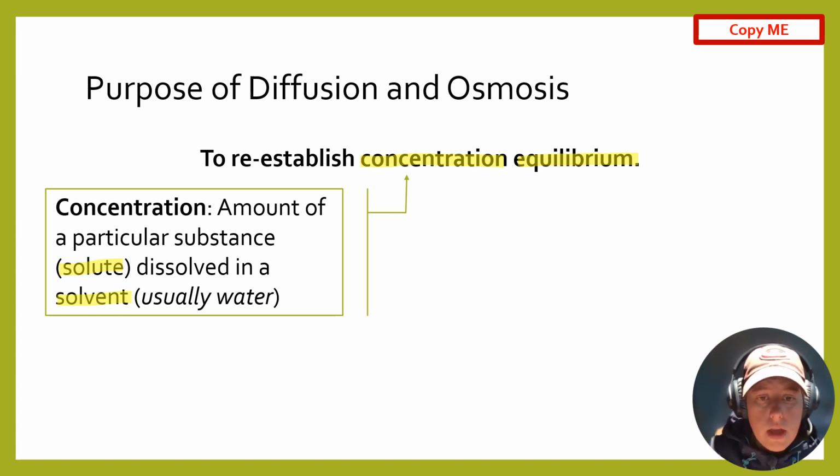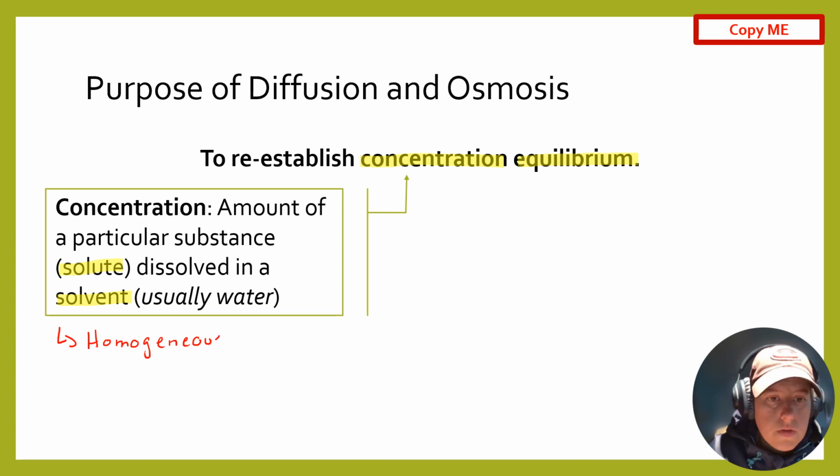When we're talking about things that are concentrated, they're usually homogeneous solutions. Actually, they're usually always homogeneous solutions, and with homogeneous solutions, we really cannot tell what's dissolved in it.